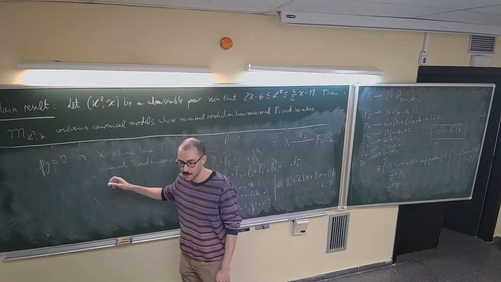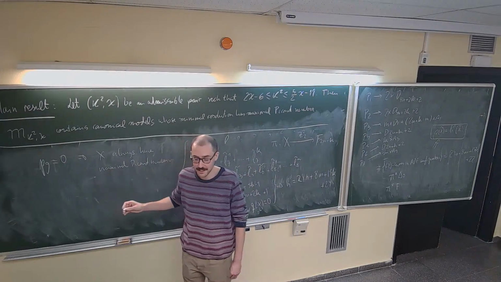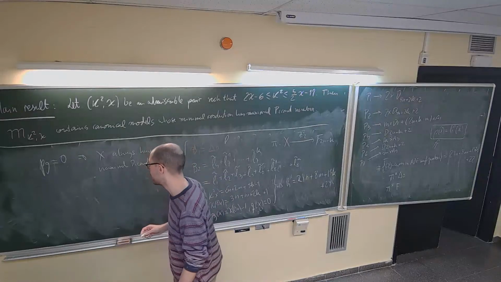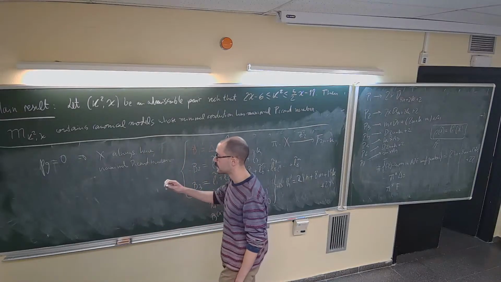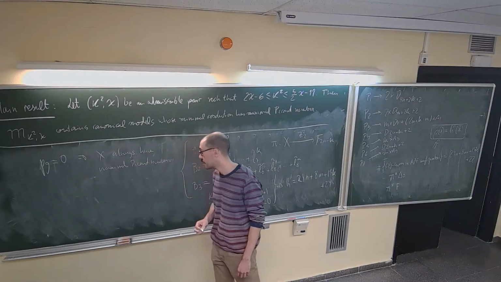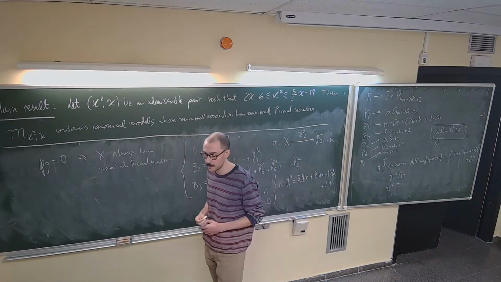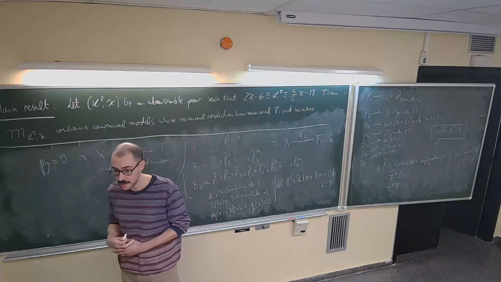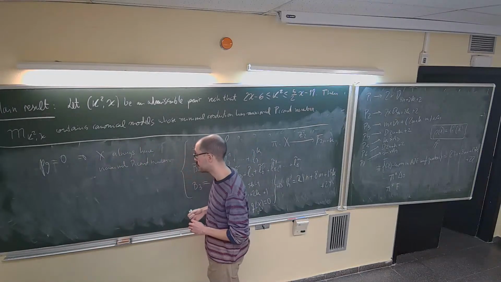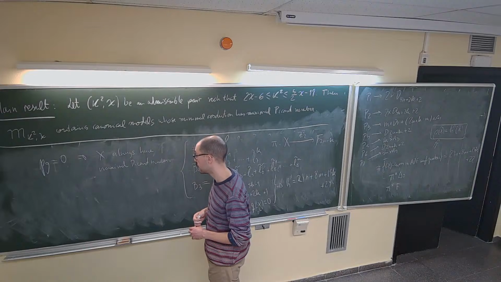Okay, I think I will say some more things about this, and maybe these other things will answer his question. If pg is equal to 0, then X will always have maximal Picard number. So we may have moduli spaces such that every point of this moduli space has maximal Picard number.